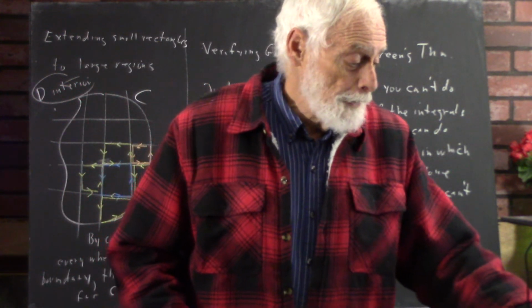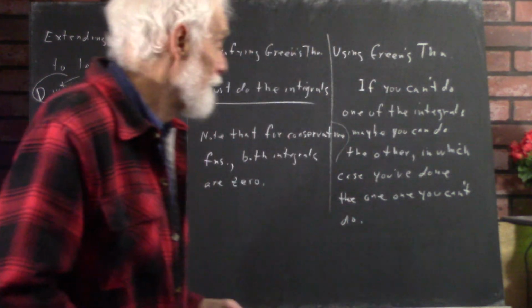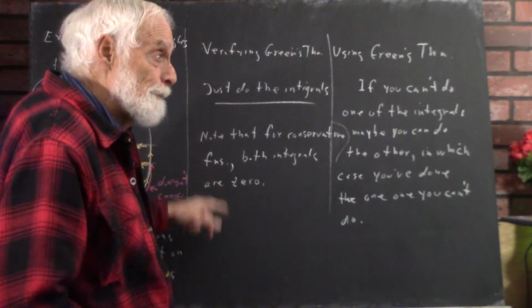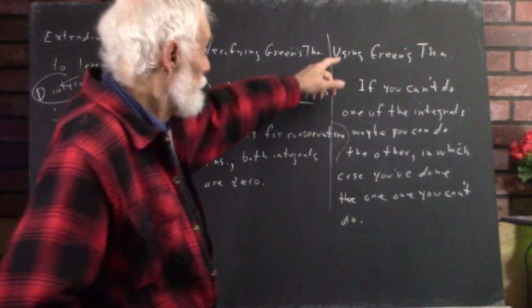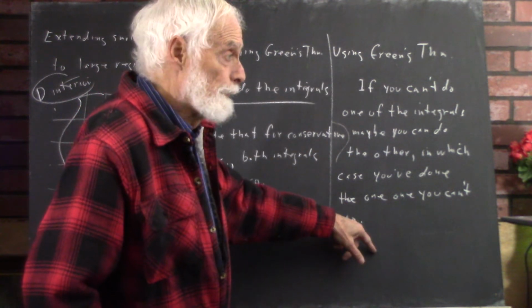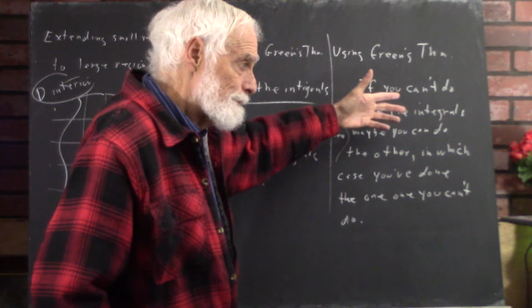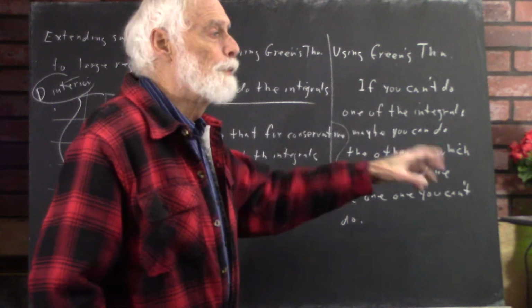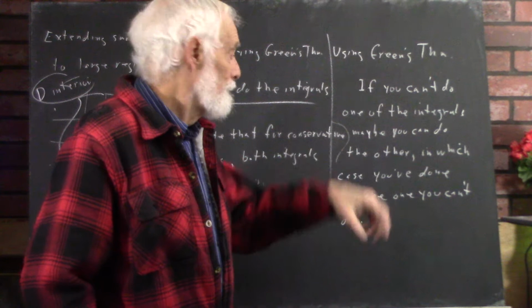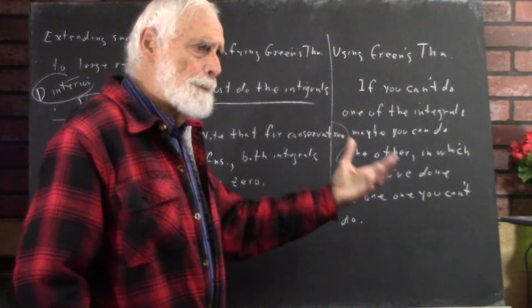If you can do line integrals and area integrals, you can verify it. And if you can use Green's theorem to set up equivalent integrals, then hopefully you can do at least one of the integrals, so you know both. Okay, very, very powerful.